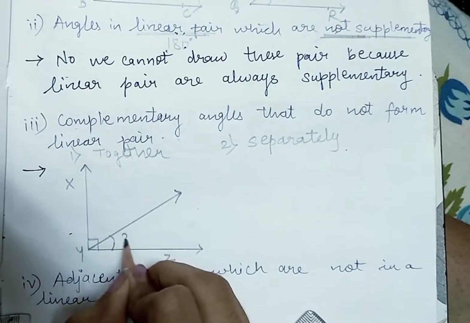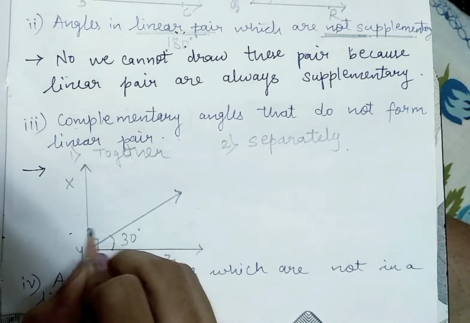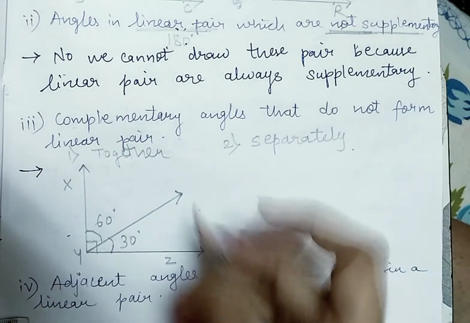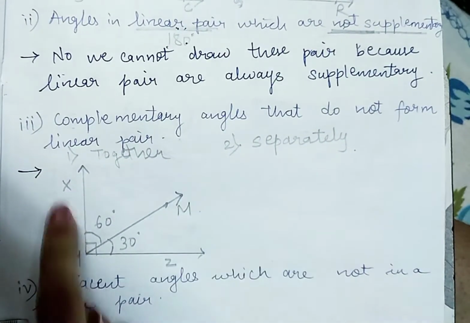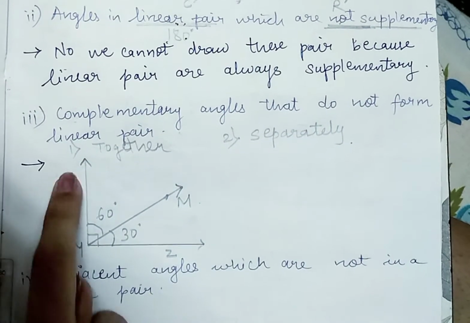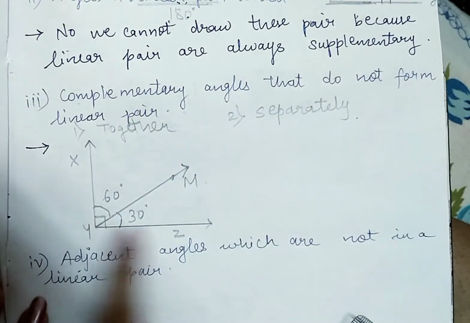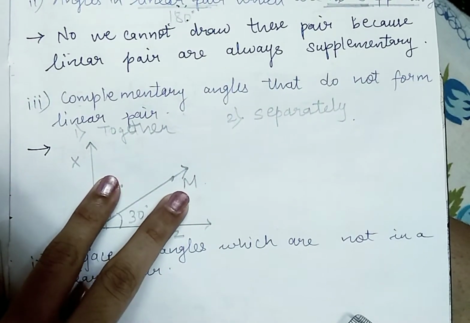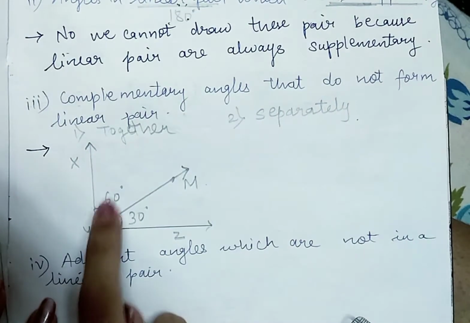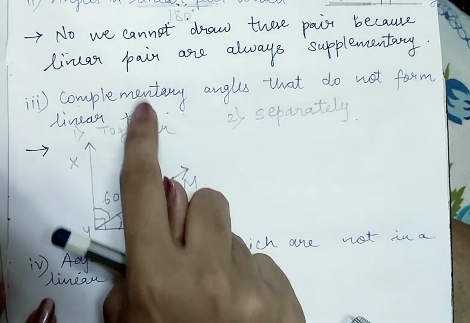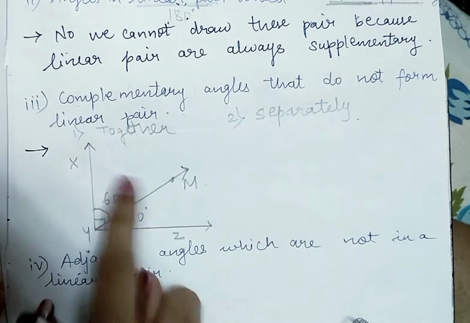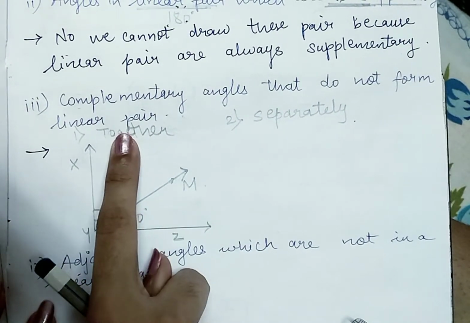Okay, so this is 30 degrees and this is 60 degrees. I am writing here M. So see, there are two angles, XYZ and MYZ. Both these angles together make complementary angles, because when we add them it is 90 degrees. So these angles can be drawn together.